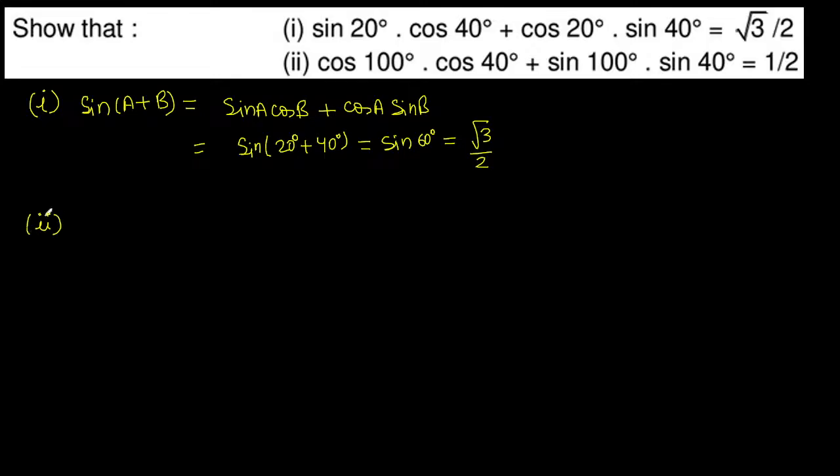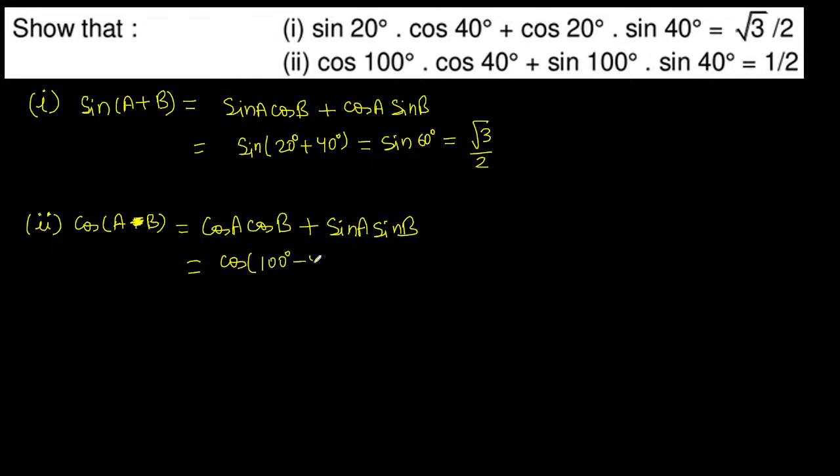Second one, cos A cos B + sin A sin B. Cos(A minus B) is cos A cos B + sin A sin B. So cos(A minus B) is cos 60 degrees, which is equal to 1 by 2.